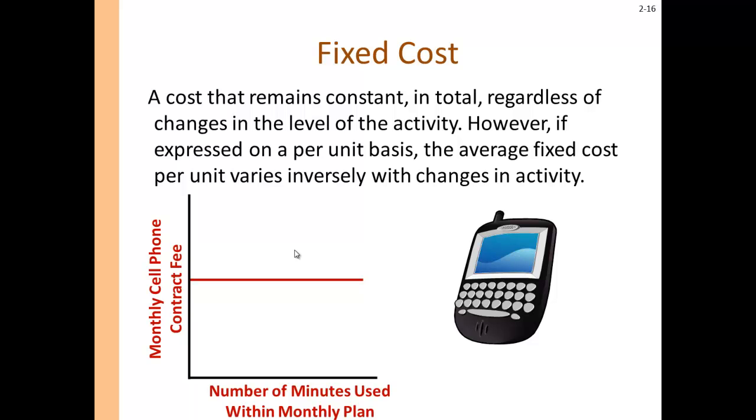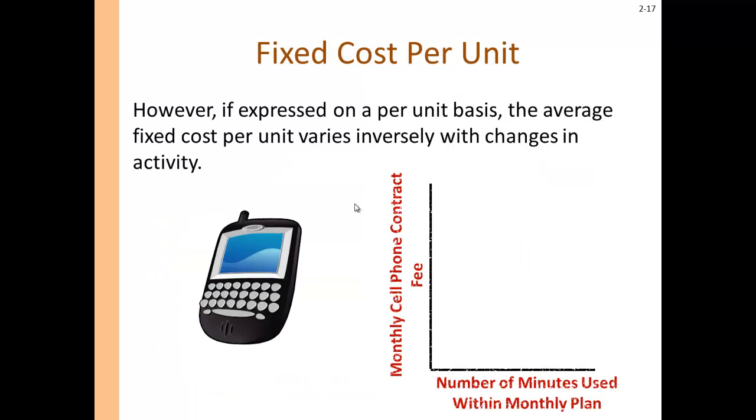If I produce two, my fixed cost just went down by half, $500 per unit. So fixed costs remain the same. They don't vary with the number of units, but if you were to divide it, the average fixed cost does vary. And that's a curve. As the number of units goes up, or the monthly minutes used, the fixed cost per unit goes down.